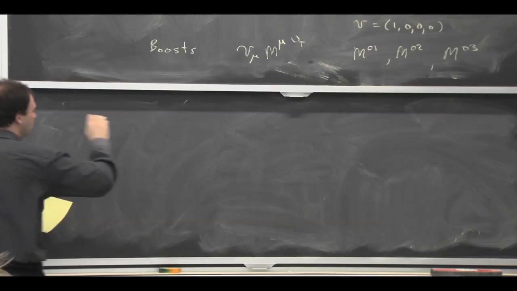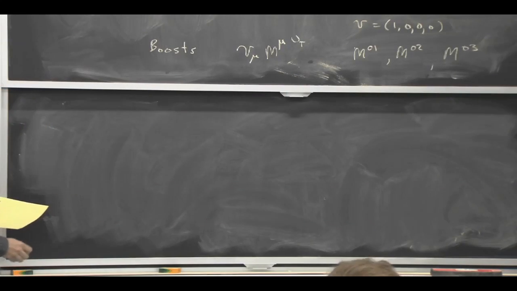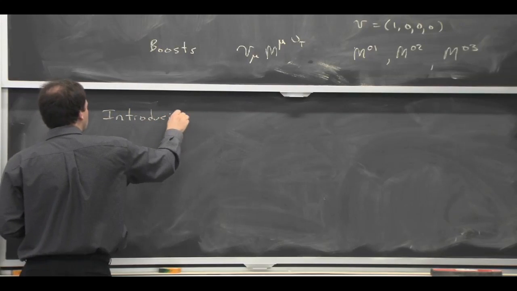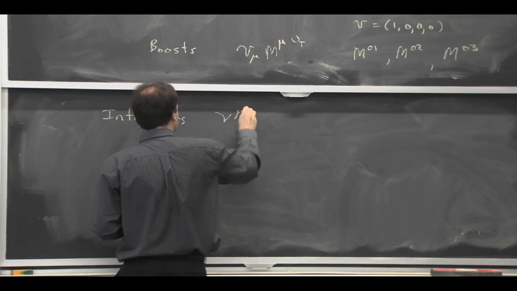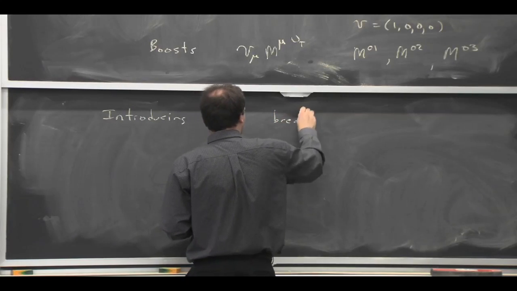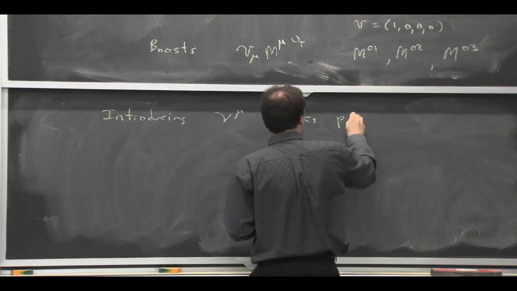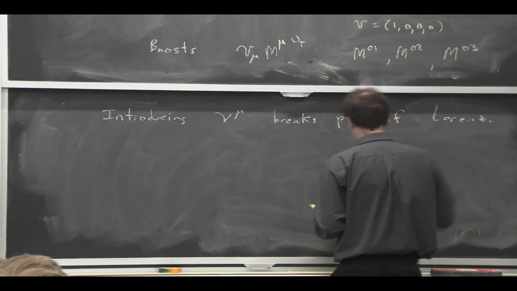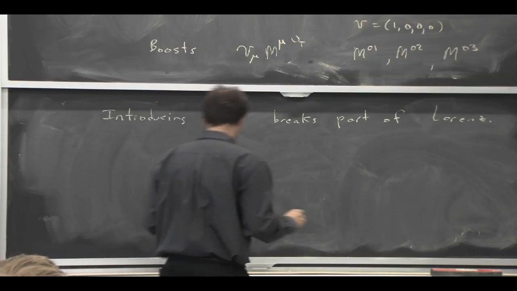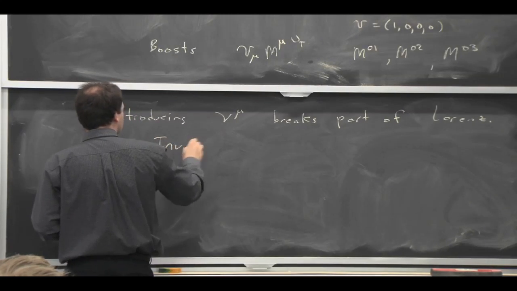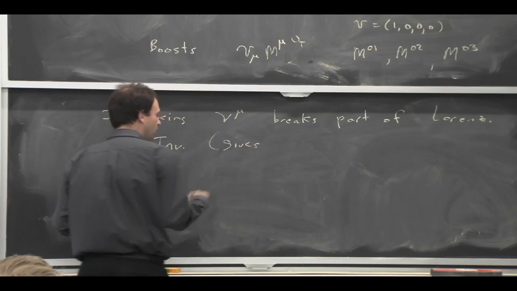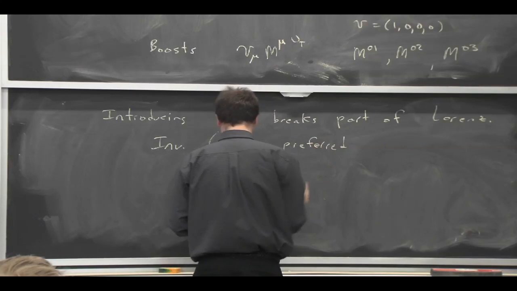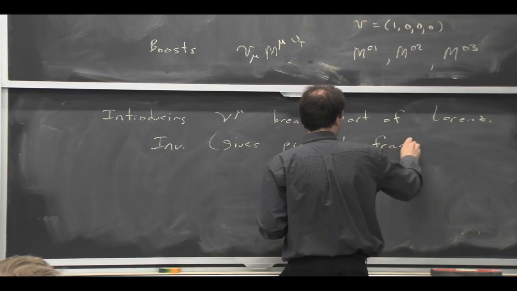And so introducing v^μ actually breaks the boost symmetry. And if you like, you could think that the reason it breaks the symmetry is because it gives a preferred frame, which is the rest frame of the heavy quark. If you have a preferred frame, then you've broken Lorentz invariance.